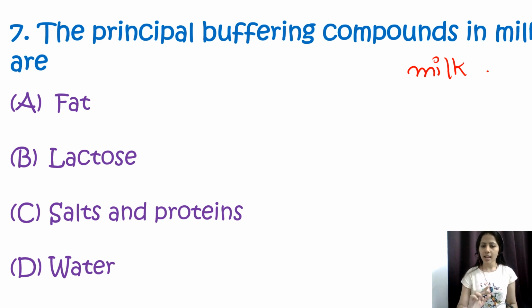This fat and lactose do not primarily function as buffering compounds, and water contributes to maintain the volume or the composition of the milk, but it does not directly participate in the buffering of the pH, whereas the salts and proteins are the principal buffering compounds of the milk. So over here my correct option is C, that is salts and proteins.